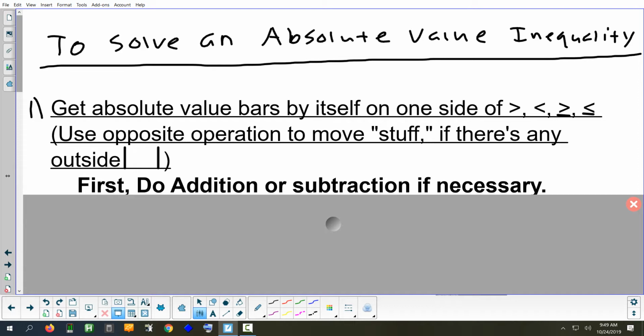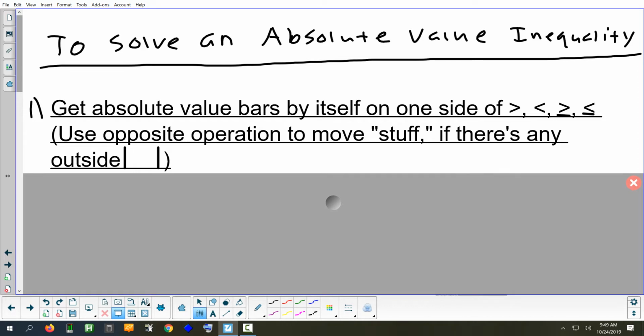So what step 1 basically means is we're looking for something like this. I'll just make up some numbers: absolute value of 2x plus 3 less than or equal to 10. That's a problem that's good. It's ready to go to step 2. There's nothing else on the outside of the bars messing us up.